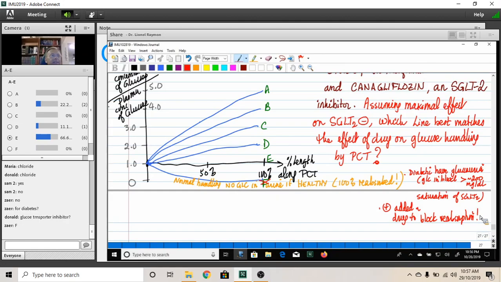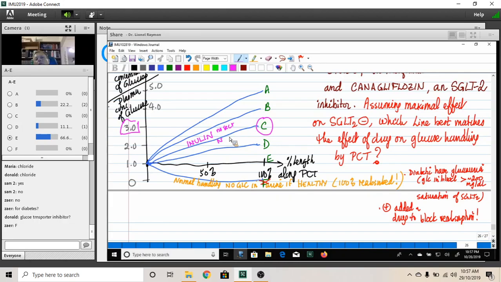The only one that's going to be correct is going to be C, because tubular fluid concentration is 3 times higher than plasma concentration. That is like inulin. In other words, no secretion, no reabsorption.